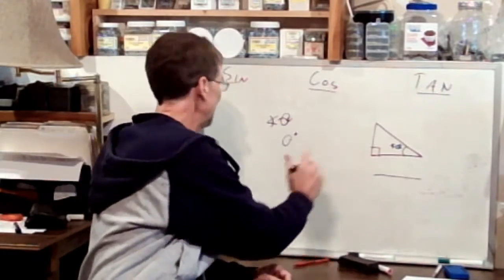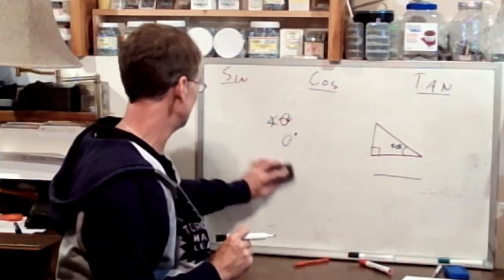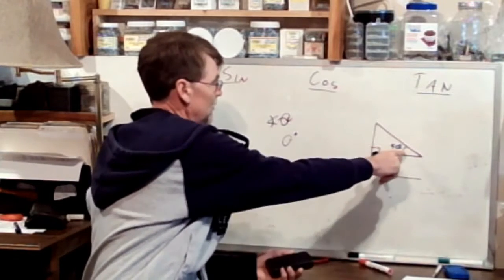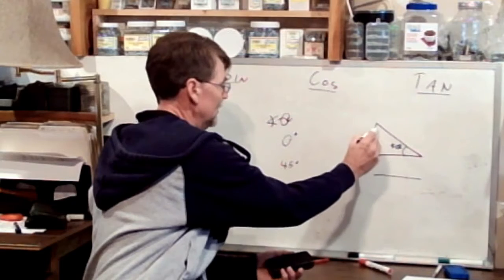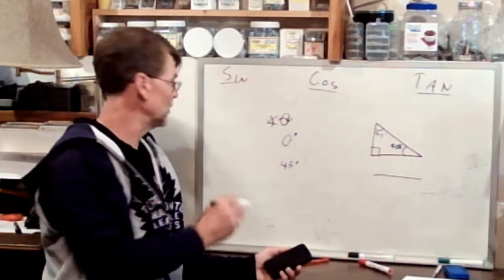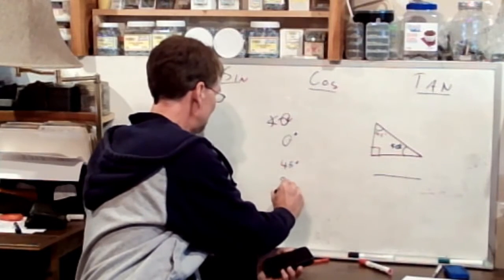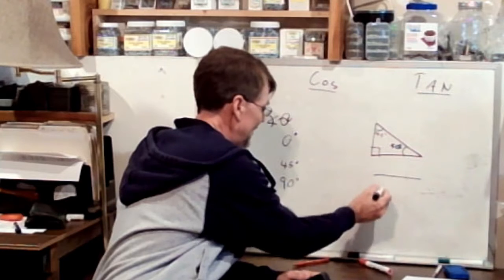Then we can extend this all the way up to, well, let's put an intermediate in here. Maybe, I don't know, is that 45? It's not quite. 45 degrees there would mean that that's also 45 degrees. I'm not sure if that's quite true. It's pretty close. But we can extend this up to 90 degrees. And now, once again, we don't have a triangle. We're just right there.